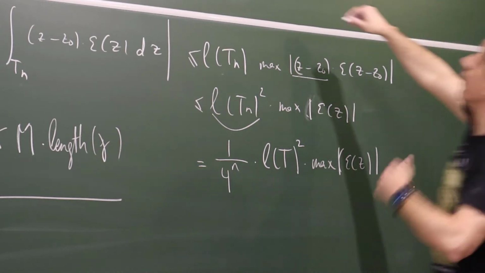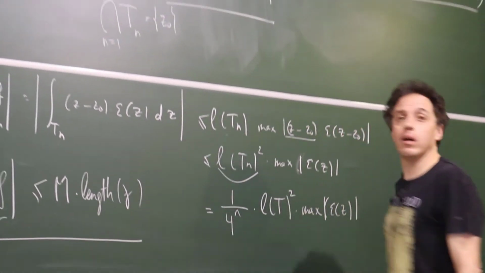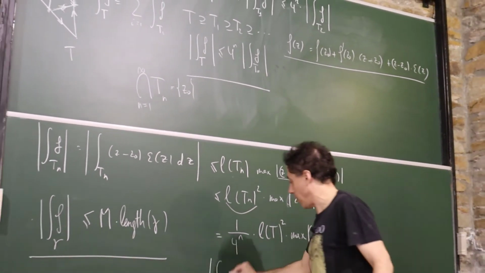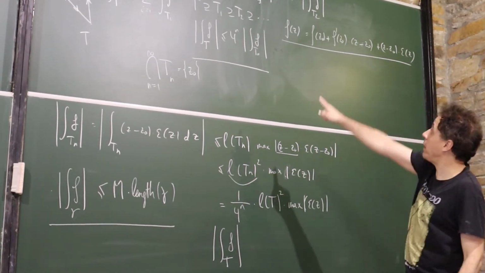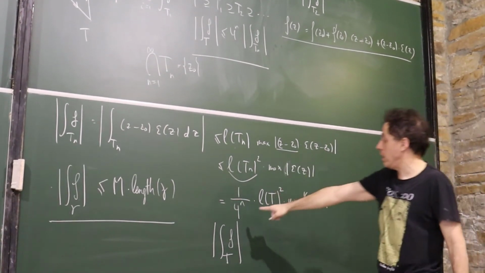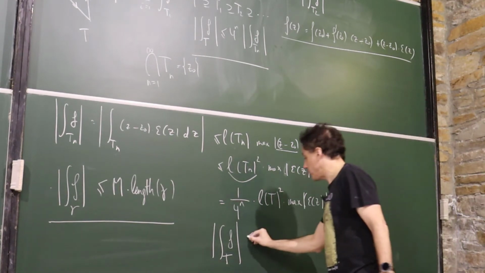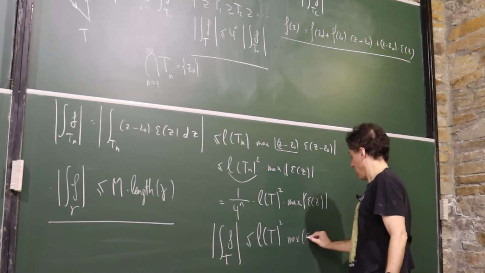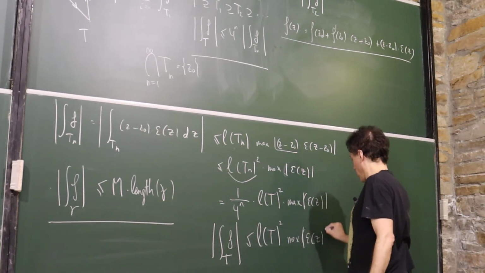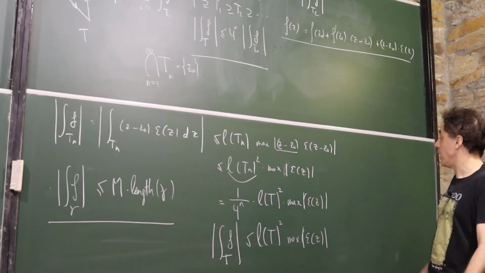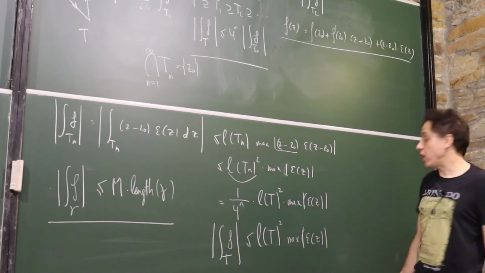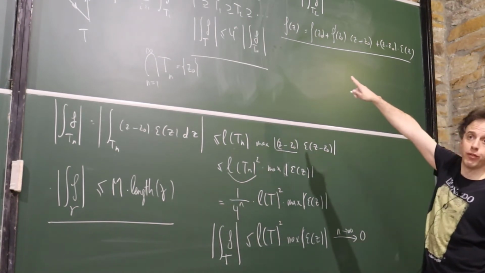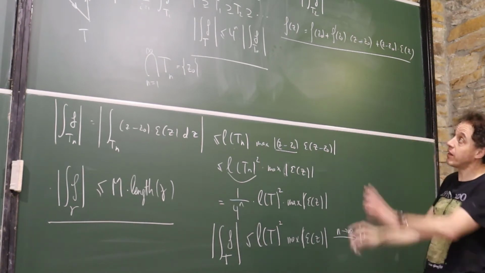So, using now this bound here, you obtain that the integral along Tn of the function f is smaller or equal than 4 to the n, with this 4 to the n disappearing, so it must be something like the length squared times this maximum, in an appropriate sense. And this maximum tends to 0 when n tends to infinity. There are some things to verify, as this is only a sketch of the proof.